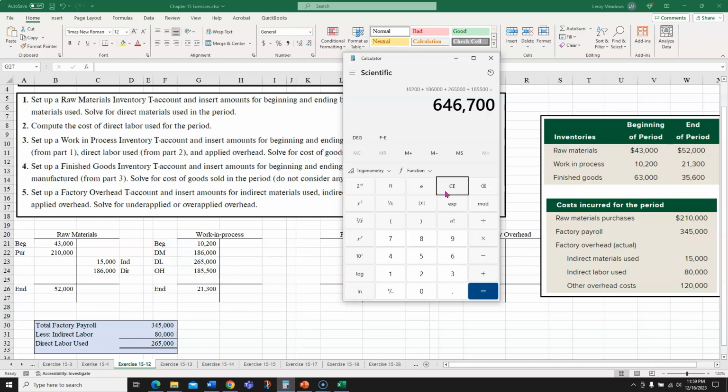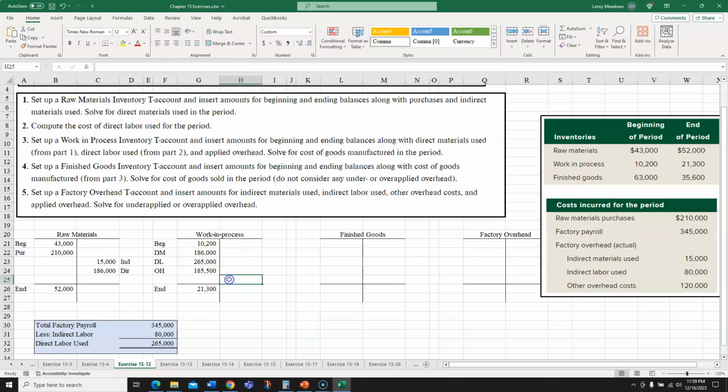And that gives me total work in process of $646,700. Subtract out my ending inventory, and my cost of goods manufactured will be $625,400. So $625,400 is my cost of goods manufactured.